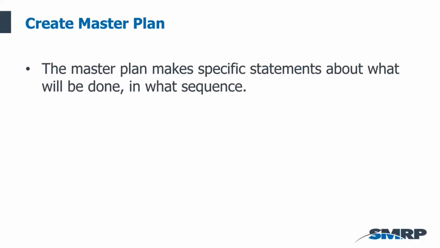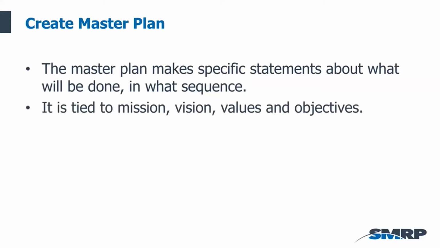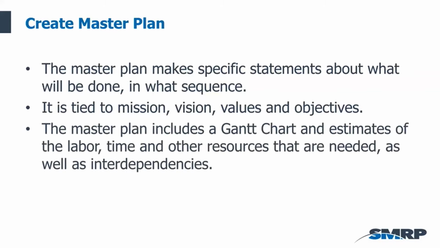So now that we have mission, vision, values, and objectives, we should have a master plan that helps us to go down the road and achieve these things. The master plan makes specific statements about what will be done and in what sequence. It's tied tightly to the mission, vision, values, and objectives.